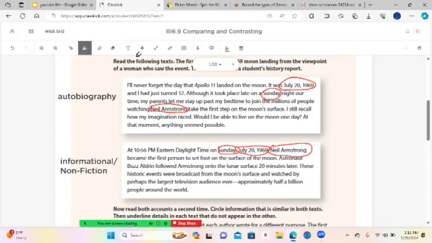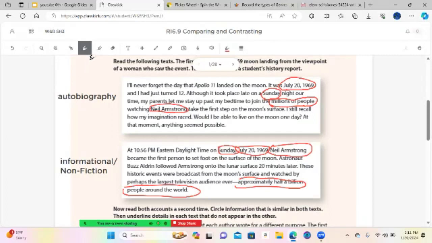So this one mentioned that millions of people were watching Neil Armstrong take the first step on the moon. And this one says approximately 500 million people around the world were watching the televised version, right? Is there anything else that stands out that is similar between the two texts?